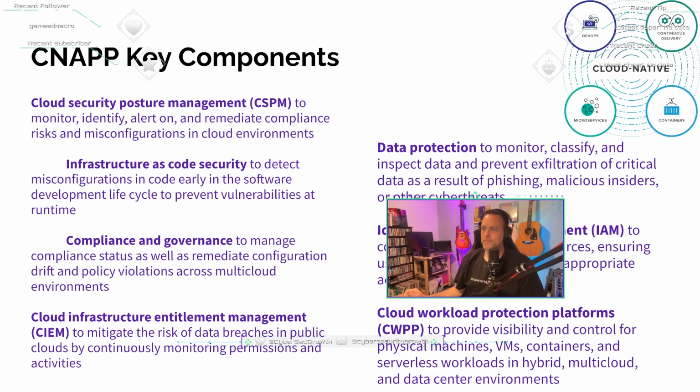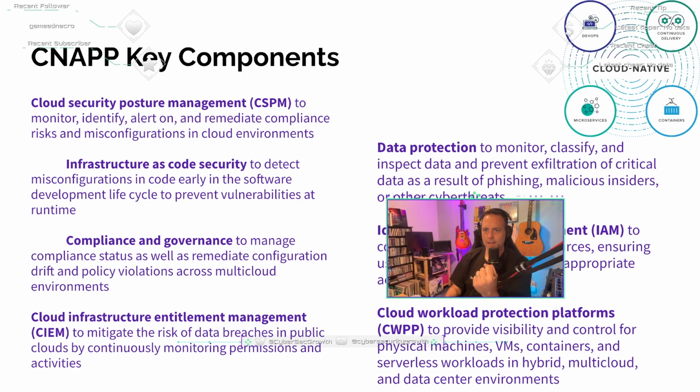multi-cloud environments. The second item in the key components of a CNAPP is a CIEM, C-I-E-M, which stands for Cloud Infrastructure Entitlement Management. So when I hear the word entitlement, I go back to my early days of identity and access management entitlements. Who has access to what?